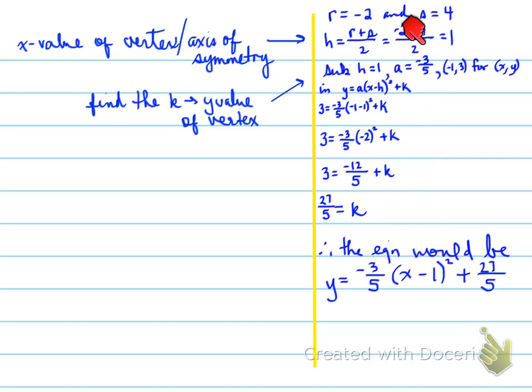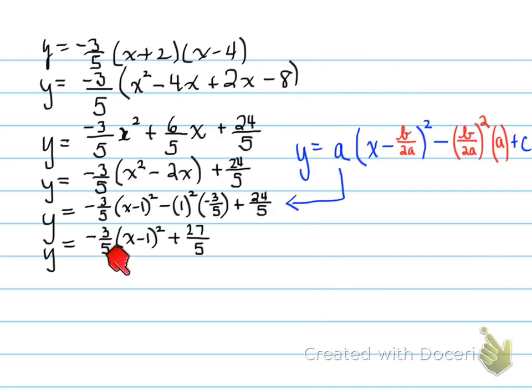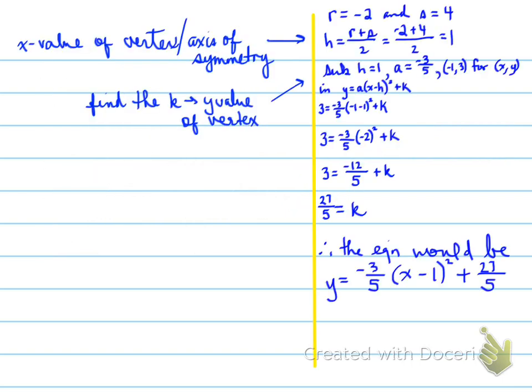Remember, that was our h value up here. Plus 27/5, which we just found as our k value. And if you look from the previous slide, you will see that we got the exact same equation doing it a different way. Both ways are acceptable.